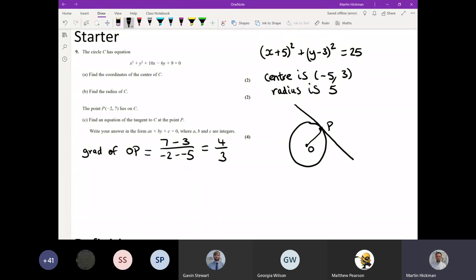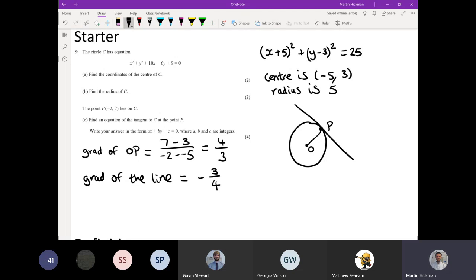So if the gradient of OP is 4/3, the gradient of the line is going to be -3/4. So we need to find that perpendicular gradient. So we find the negative reciprocal. Basically, what we do is we invert that 4/3 to make it 3/4, and we change the sign as well.